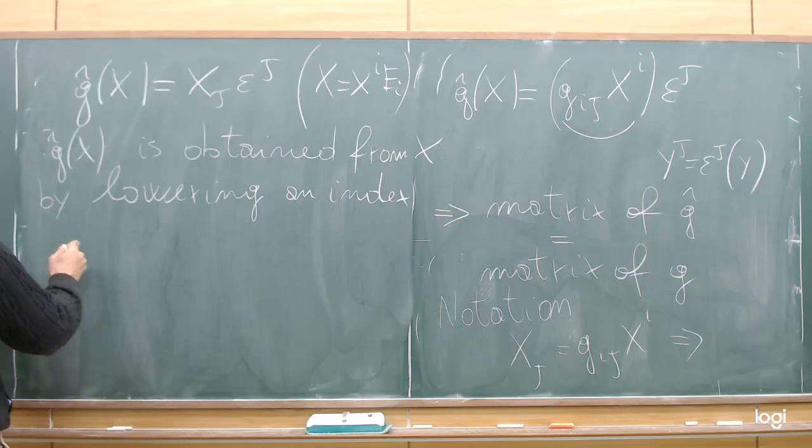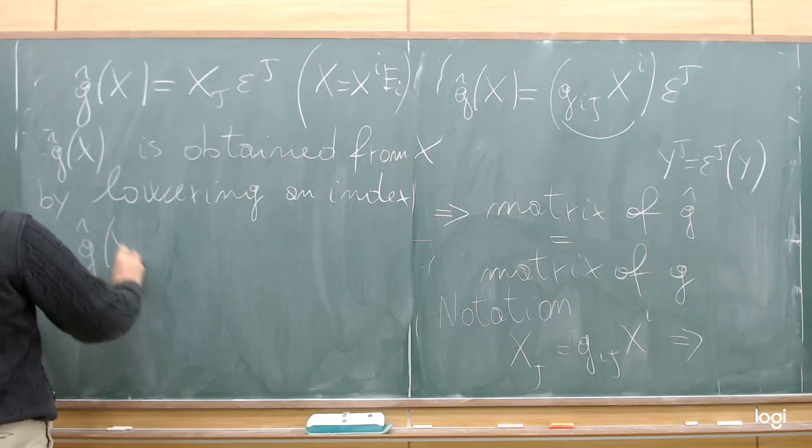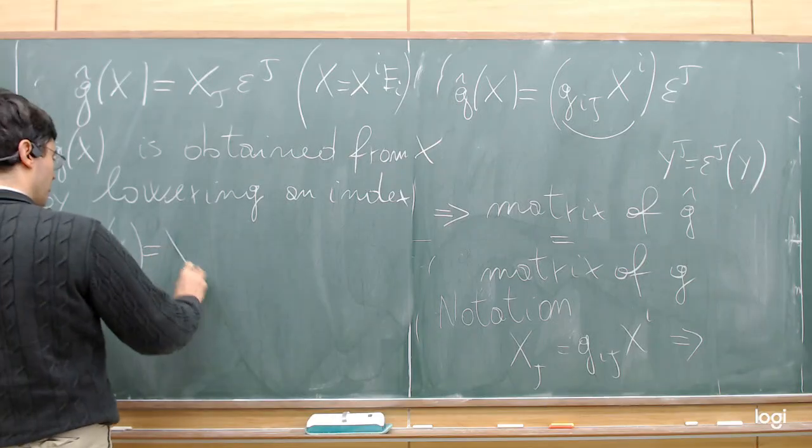So we can write this way: G hat at X equal X flat.